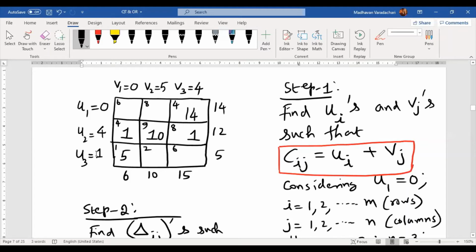We don't know this ui. This was not known at that time, right? But we know v1 is 0. This was available at that time. The cost was also available. Means something plus 0, I should get 1. What is that something then? 1, sir. Got it.